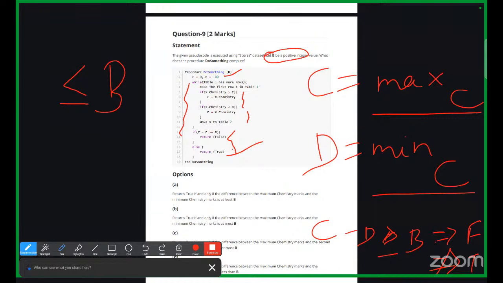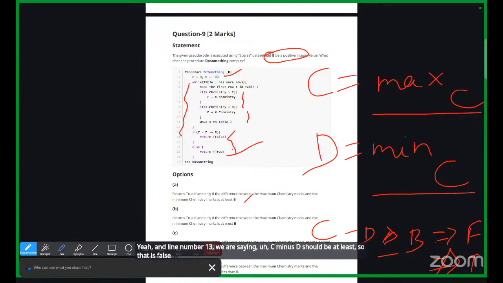In line number 13, we are saying C minus D should be at least B, so that is false. So this is incorrect.